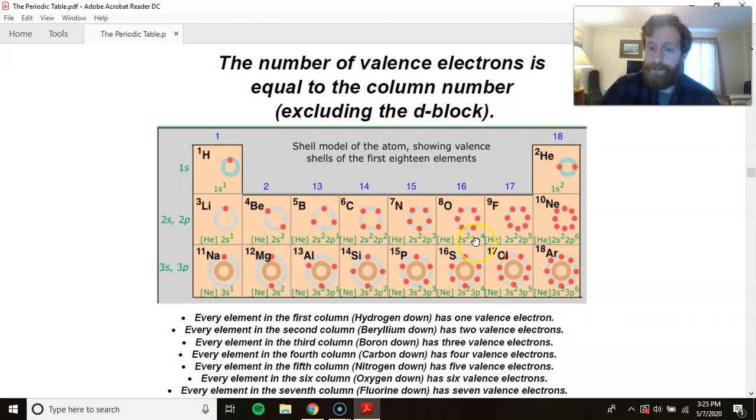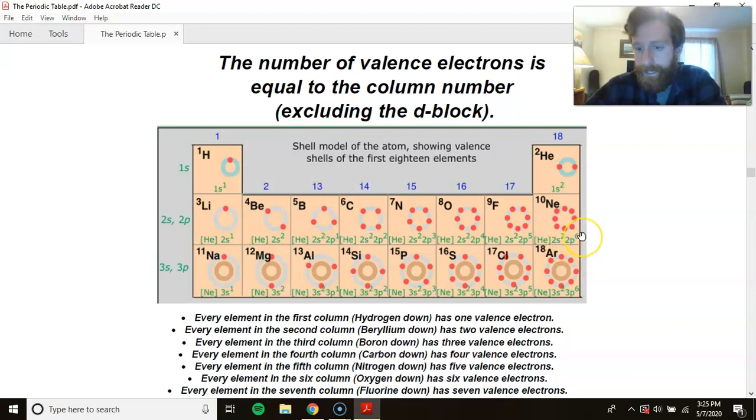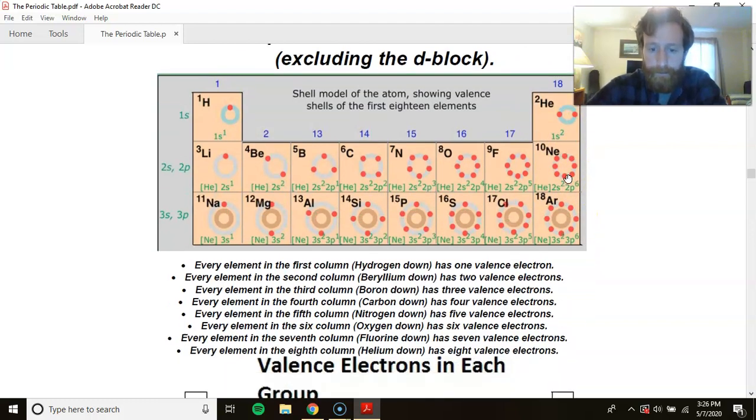Oxygen and down has 6 because of the s2p4. Fluorine and down has 7 valence electrons because of the s2p5. And then finally, this last column, a very important column, has 8 valence electrons because of the s2p6. Together they make 8, with of course the exception of helium, which we'll get to in just a minute.